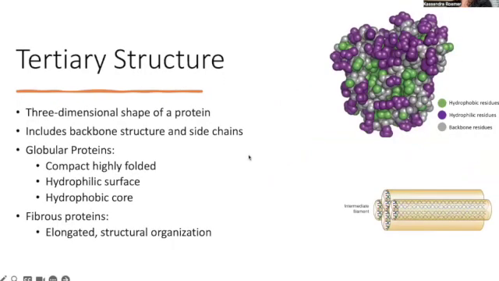All right, this brings us to the three-dimensional structure of a protein, the tertiary structure. So besides the secondary structure, a protein or polypeptide can take on a structure in three-dimensional space, which includes the backbone structure and the side chains.